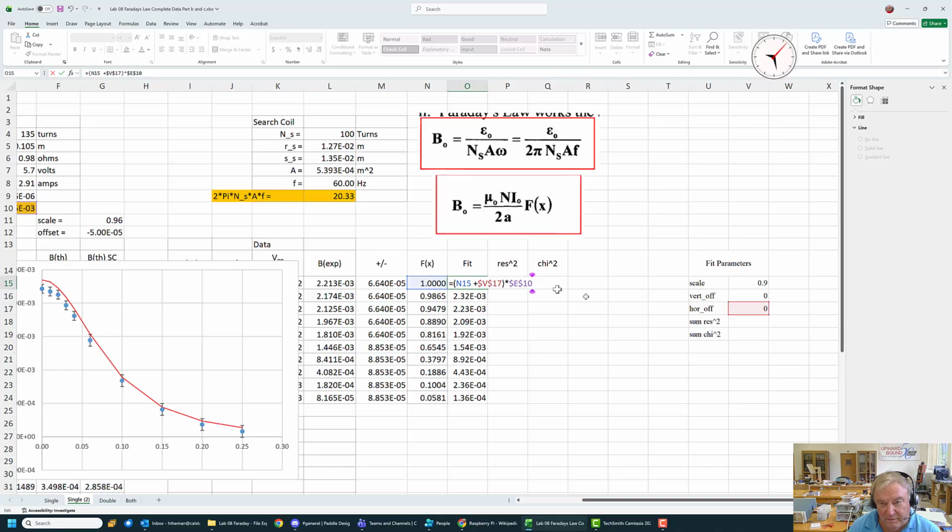And now the vertical offset, no, first of all, the scale factor is times the whole thing. And F4 once again. And now I want to add the vertical offset factor and my F4 again.